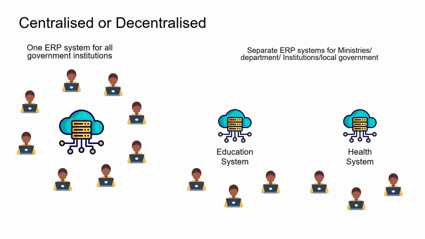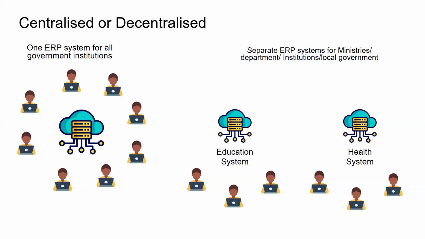Or maybe the education system maintains a different ERP system. I use the term ERP, we can say national system, and the health system uses a different database and system, right? But if they have interaction, we consider it as an ERP system. So it is good for e-governance projects, right?